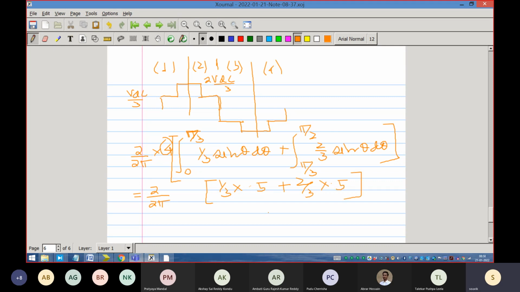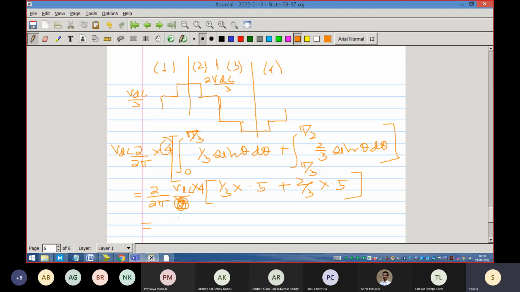So into VDC has come out. VDC we should write it, VDC by 2 into 4. So you see that VDC by 2 into VDC here, VDC by 3.